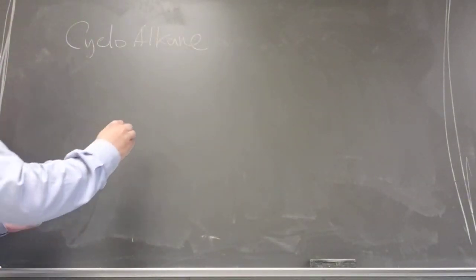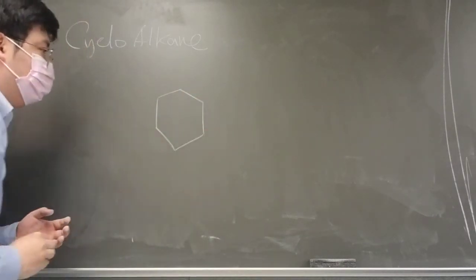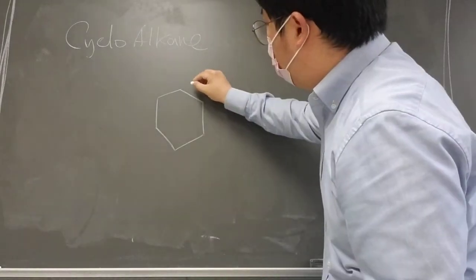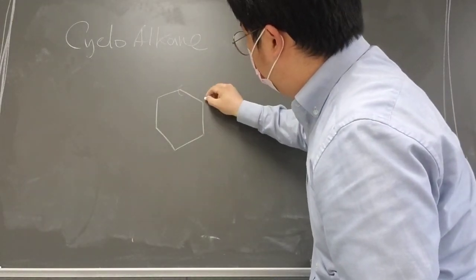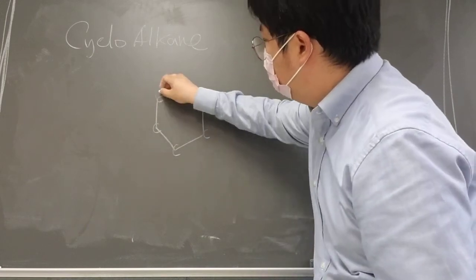So obviously, when you try to find the name for a ring structure like this, all you need to do is count the carbons: 1, 2, 3, 4, 5, and 6 over here.